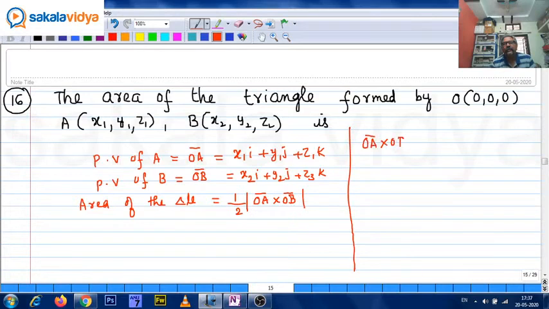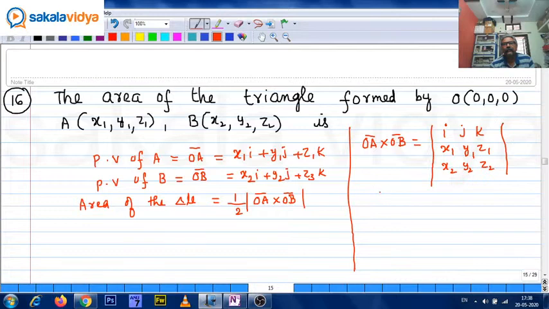OA cross OB means the determinant: I, J, K are the first row, the second row is the components of OA, x1, y1, z1, and the third row is the components of the second vector, x2, y2, z2.